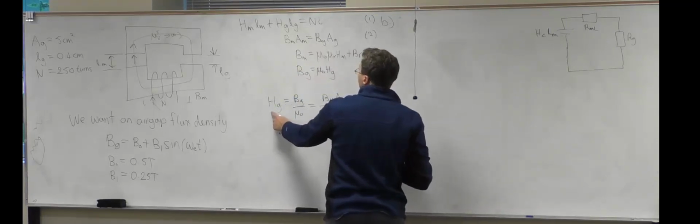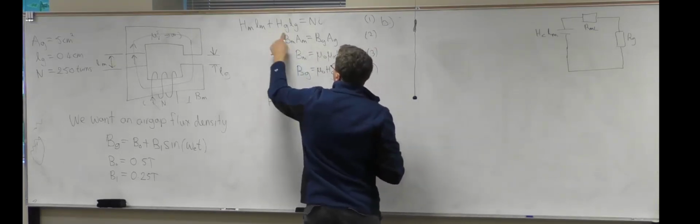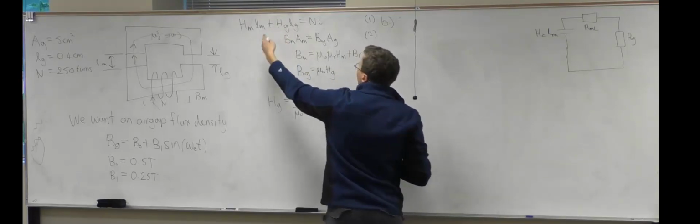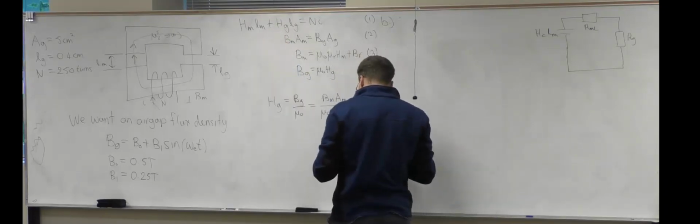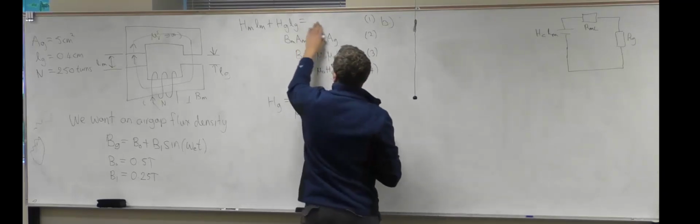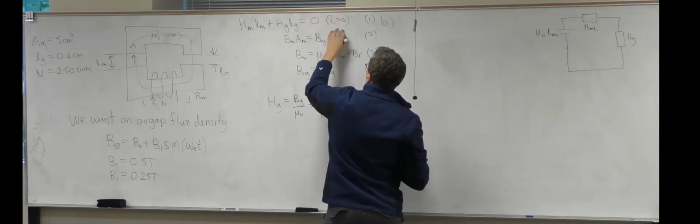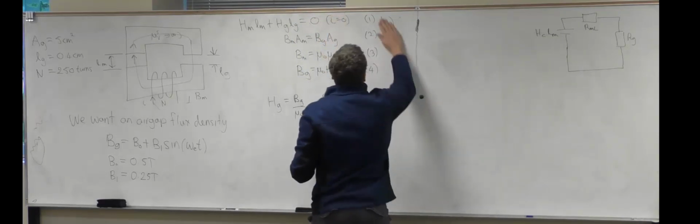So we can now eliminate Hg from equation 1 and write equation 1 only in terms of magnet material. And we've made I equal to 0. We're looking at the first case.